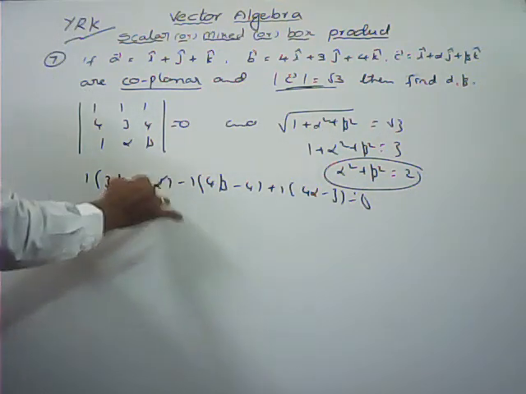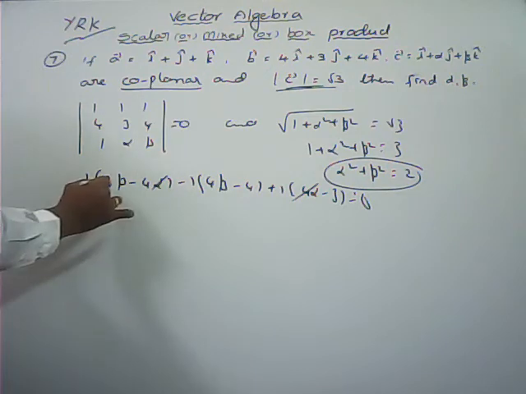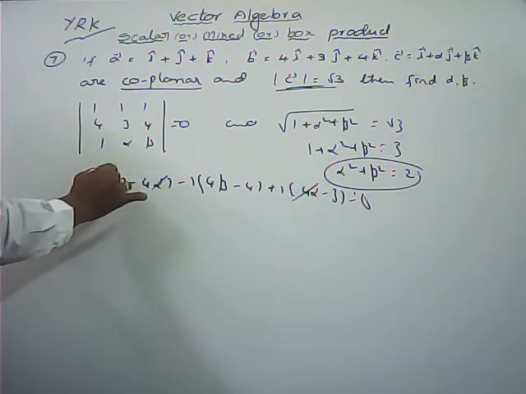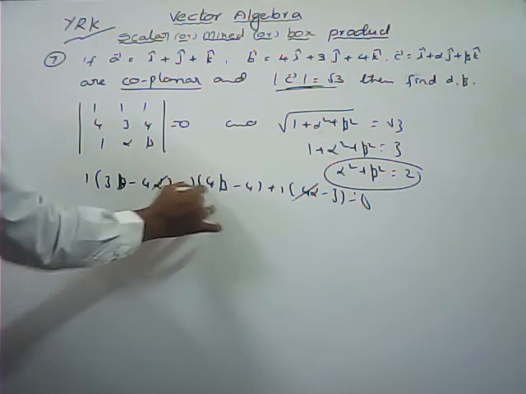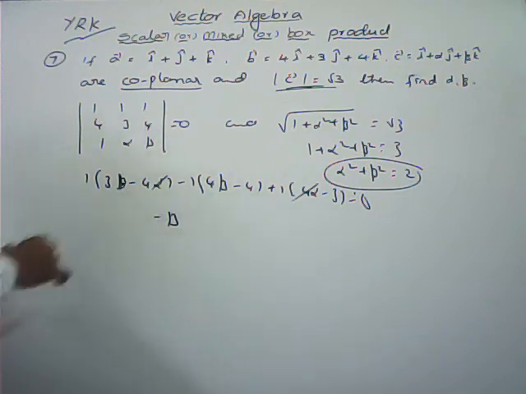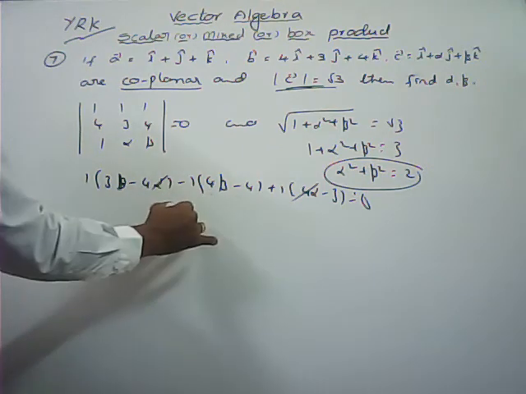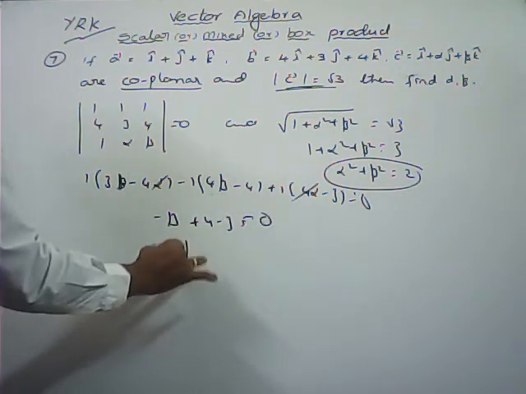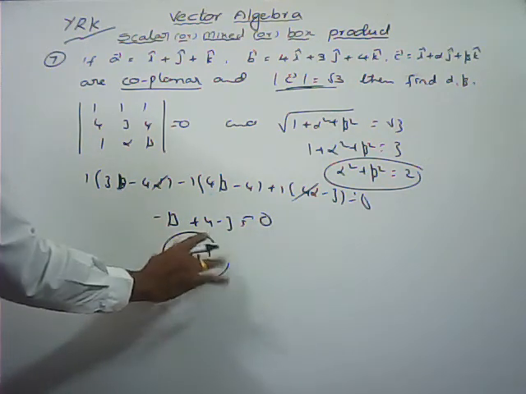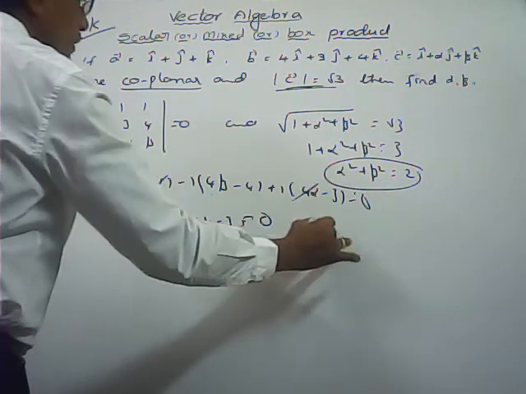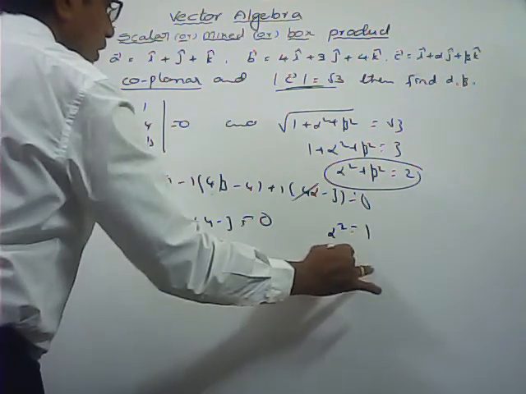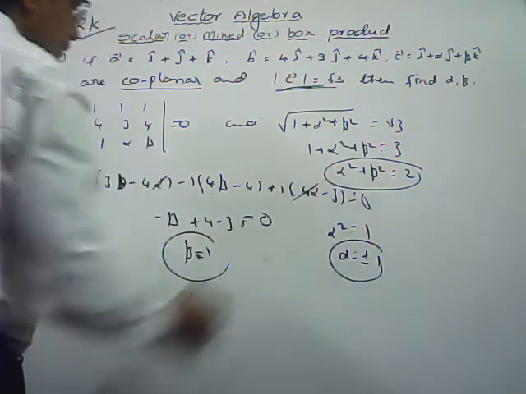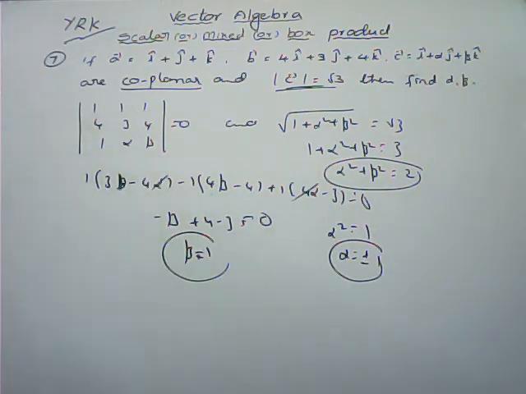Here minus 4 alpha plus 4 alpha is there. So here 3 beta minus beta plus 4 minus 3, that is equal to 0. So beta is equal to 1, we got directly. Beta is equal to 1, alpha square is equal to 1, alpha is equal to plus or minus 1. We can write 1 plus 1, then that is 2.